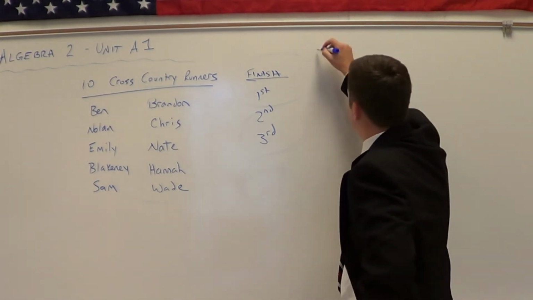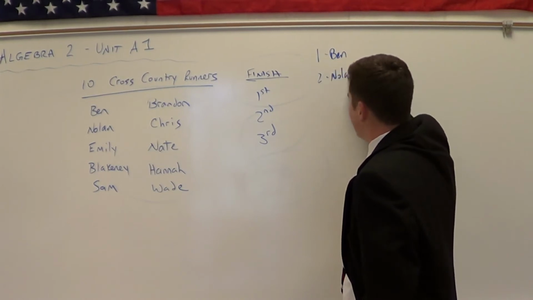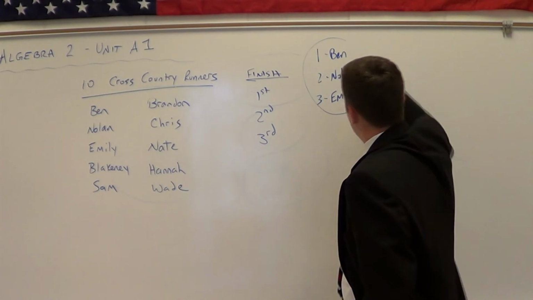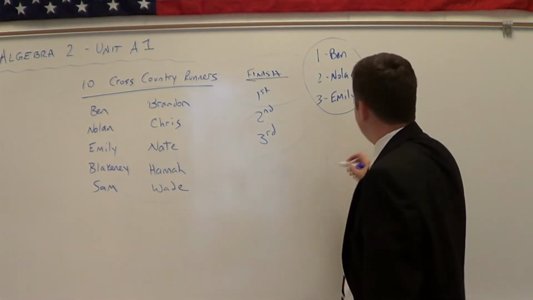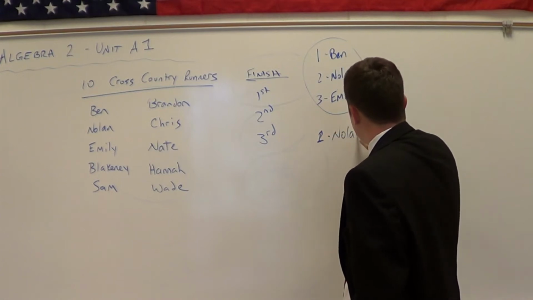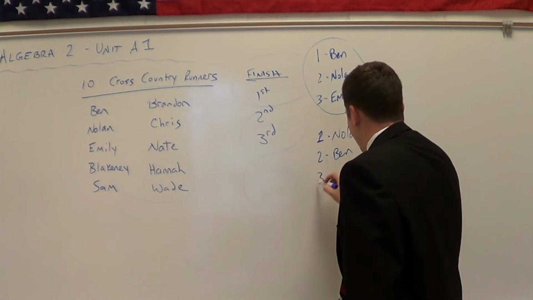You could finish Ben first and Nolan second and Emily third. That would be one. Or Nolan first and Ben second and Sam third.